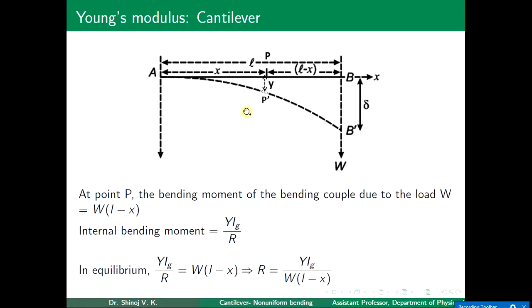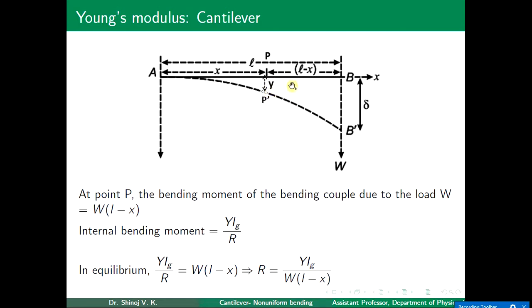Let the depression of an arbitrary point P, which is at a distance x from A, be y, small y. The distance from P to B will be L minus x. So the bending moment of the bending couple due to this load W will be the force into the perpendicular distance.